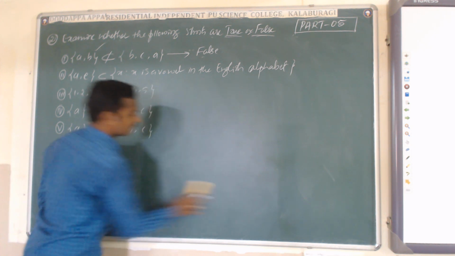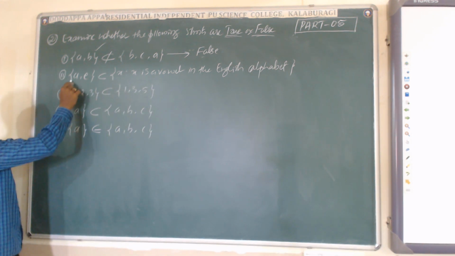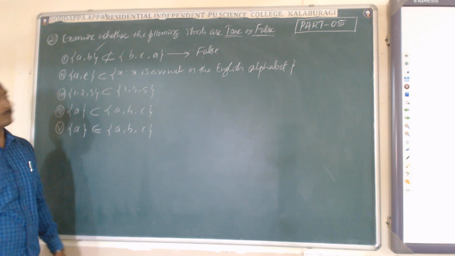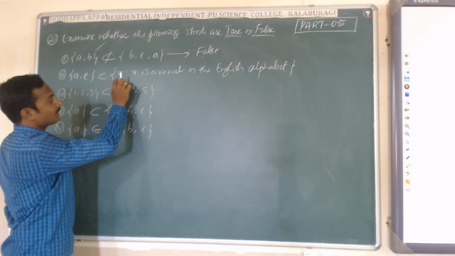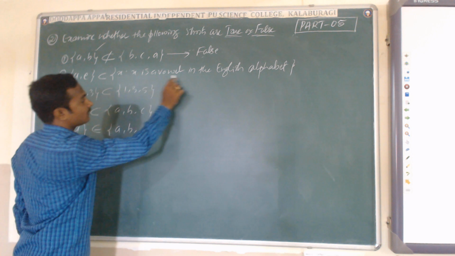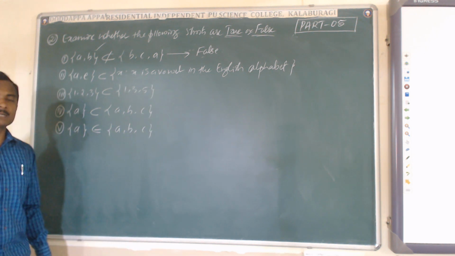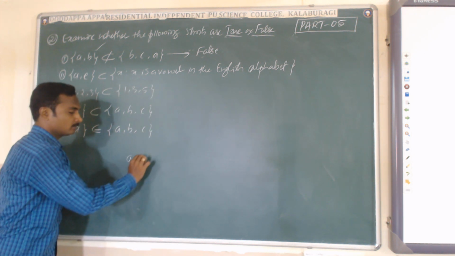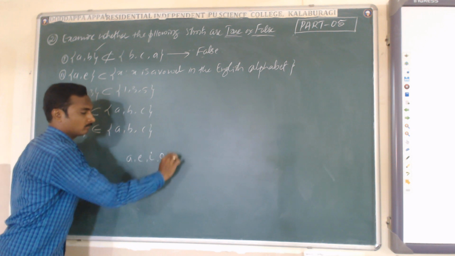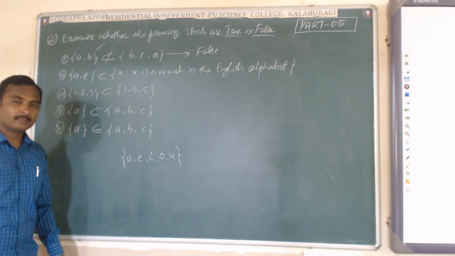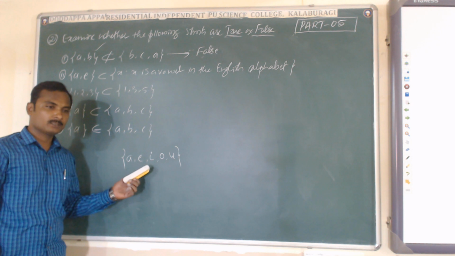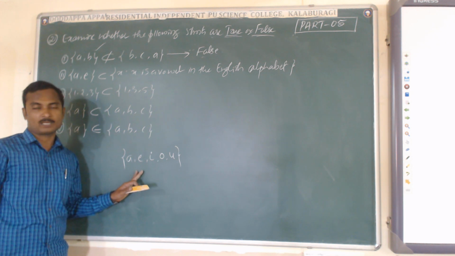Next, the set which contains A and E is a subset of the set of all x such that x is a vowel in the English alphabet. What are the vowels? A, E, I, O and U. So these are the 5 vowels in the English alphabet.